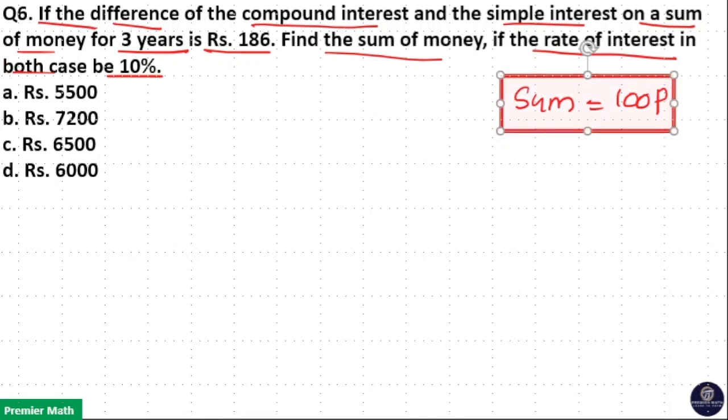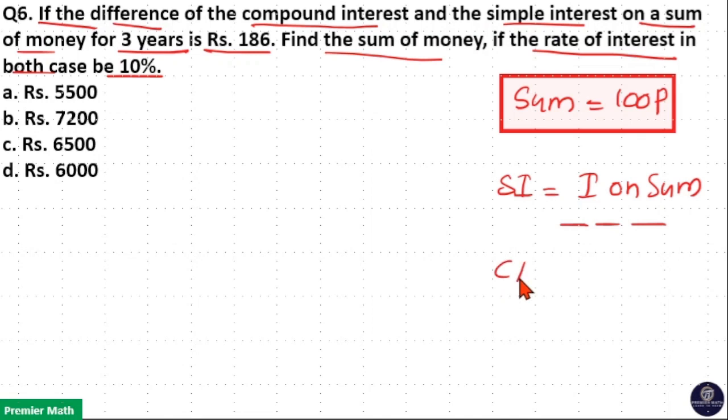Now, simple interest means interest on sum. That is, sum means money invested initially. So interest on money invested initially is the simple interest. This is same for every year. Simple interest is same for every year.